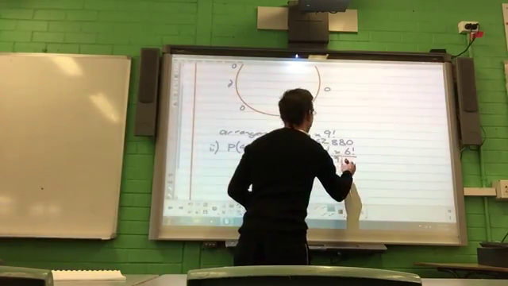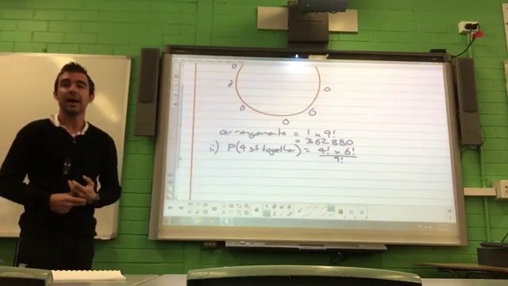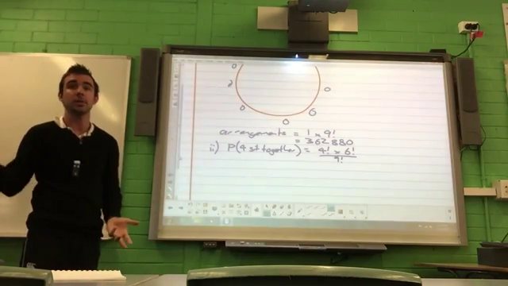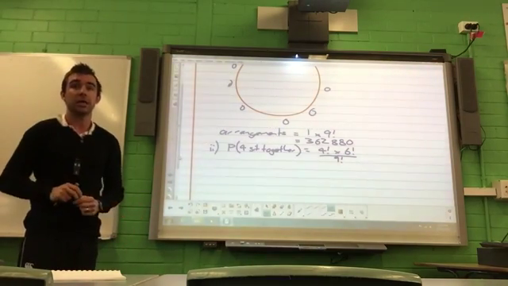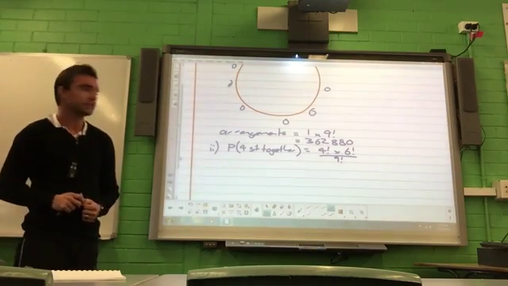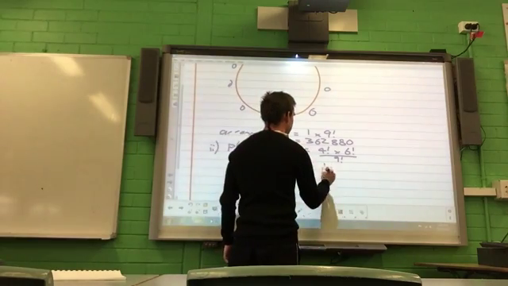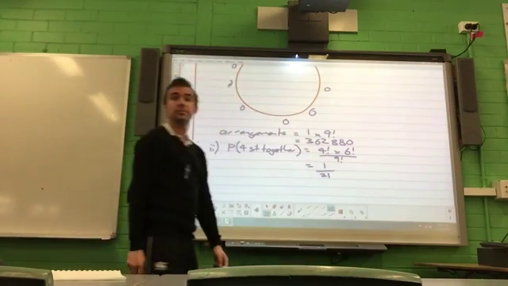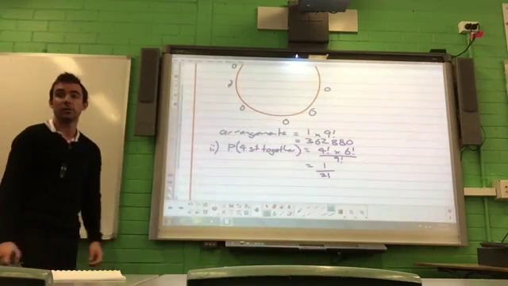So let's put 9 factorial. Probability: the total number of arrangements goes on the bottom, and on top of the fraction is the number of favourable outcomes. We should simplify to 1 over 21.